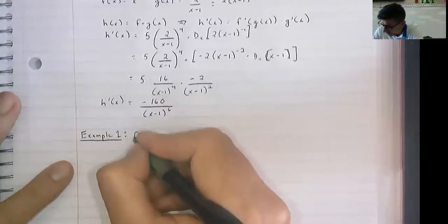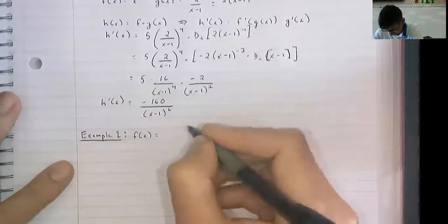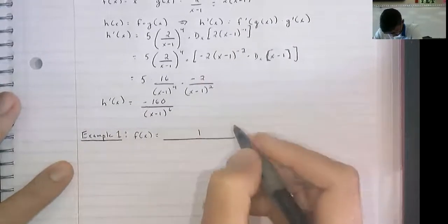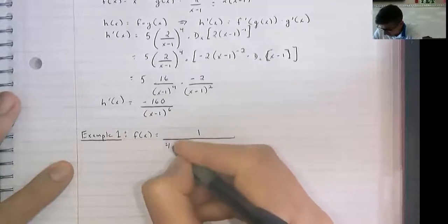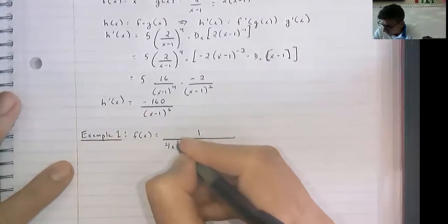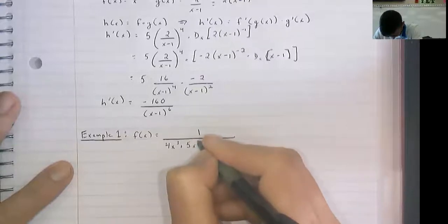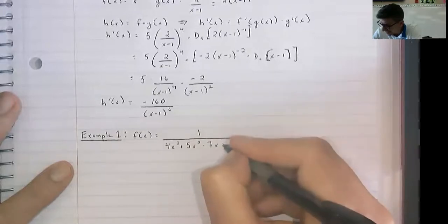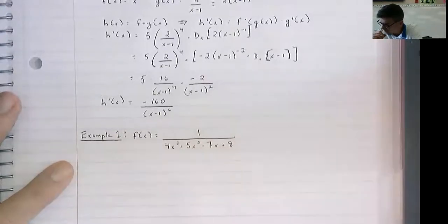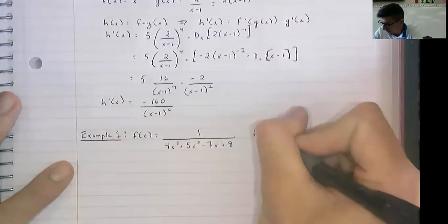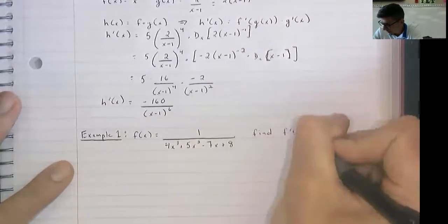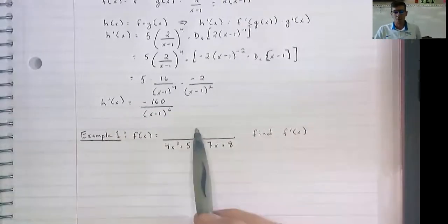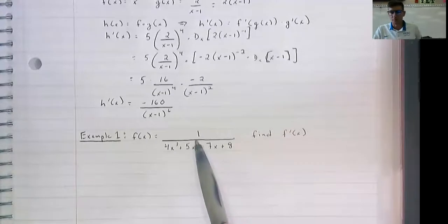So if f of x is equal to 1 over 4x cubed plus 5x squared minus 7x plus 8, and we are asked to find f prime of x.